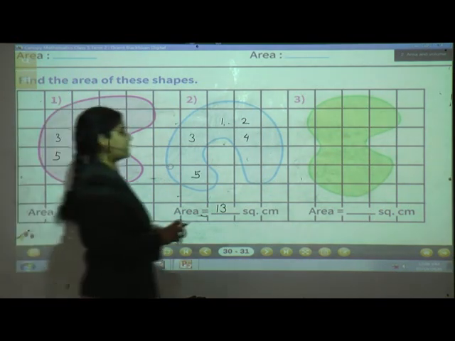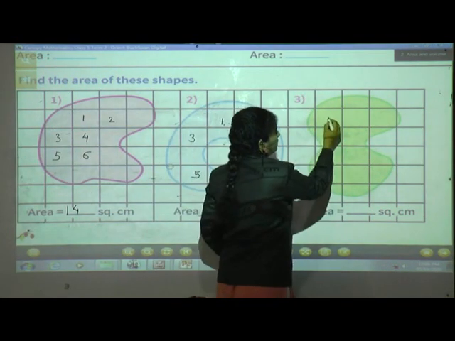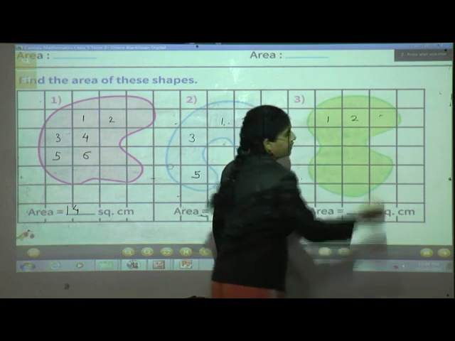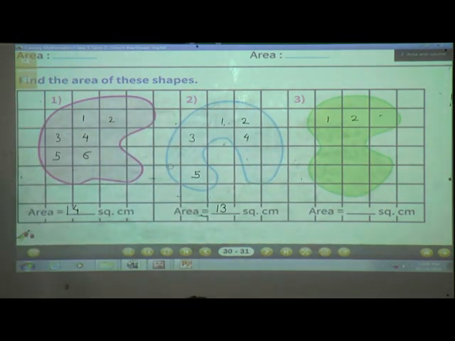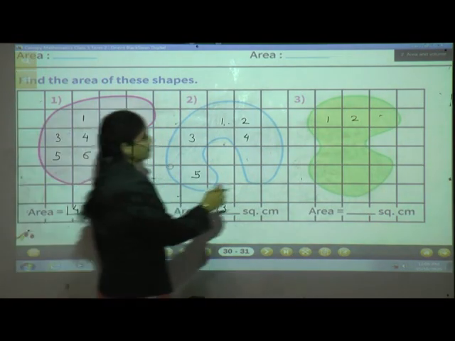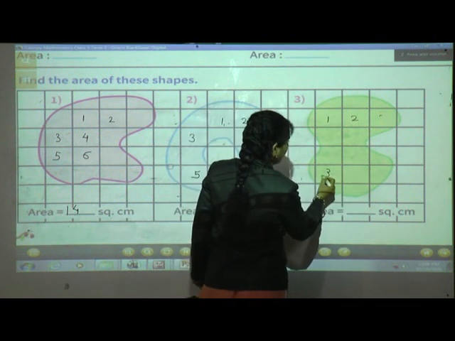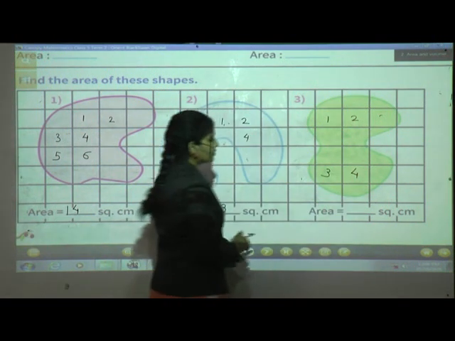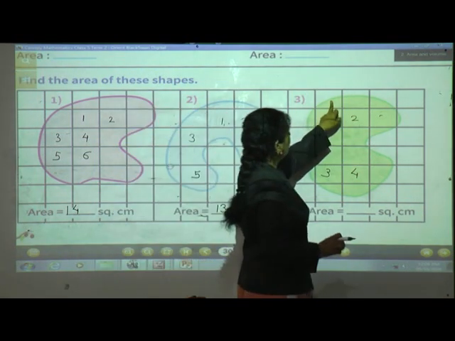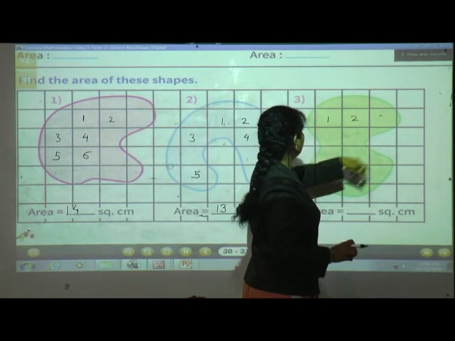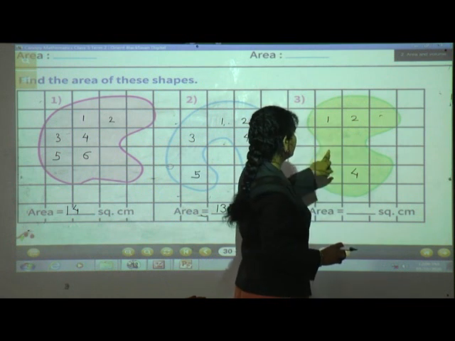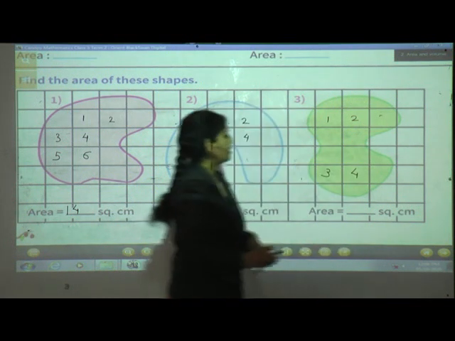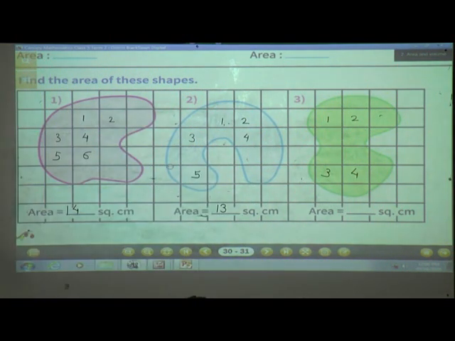Now the last one. Count full squares first. 1, 2, and this one I will see in textbook. Wait, yes, 3, 4. So here 1, 2, 3, 4, 5, 6, 7 and 8 here. See students, here are some mistakes.